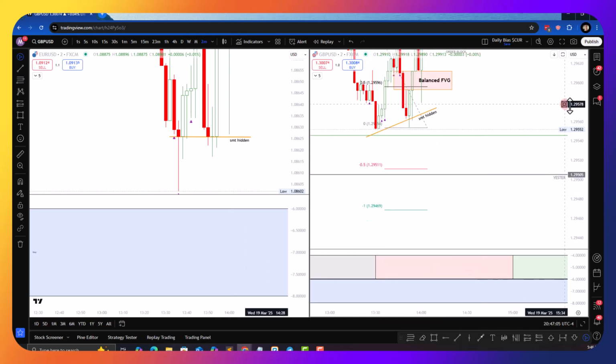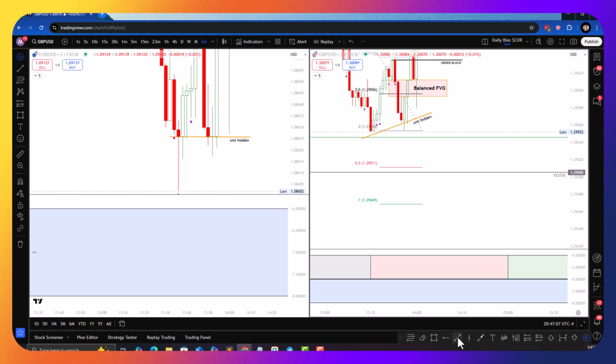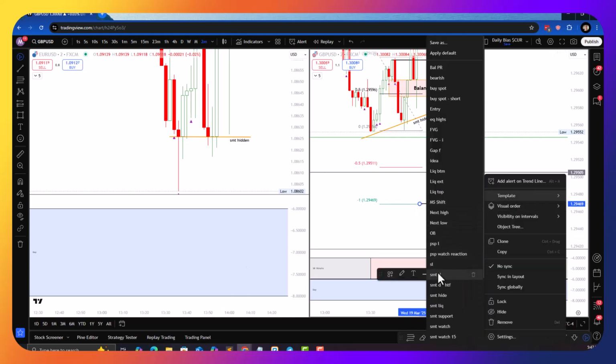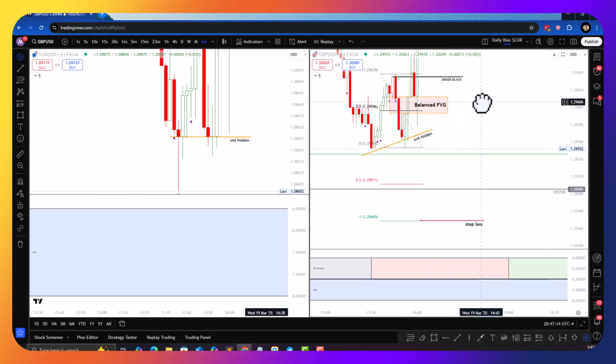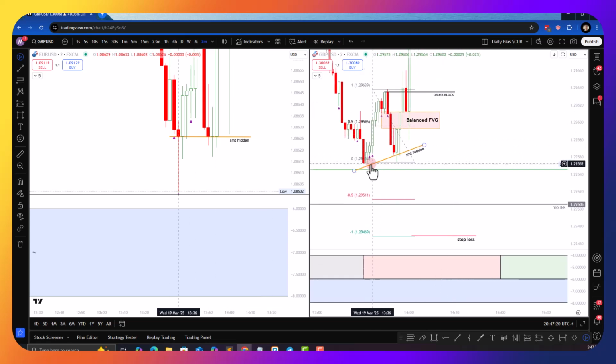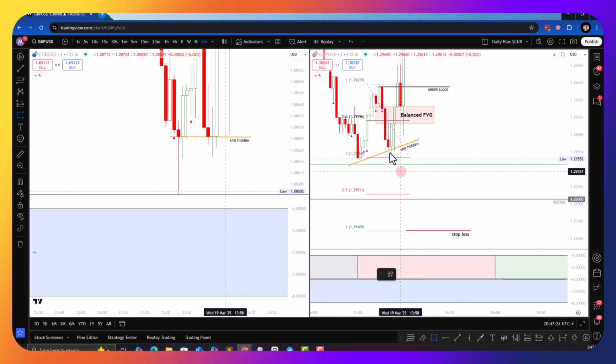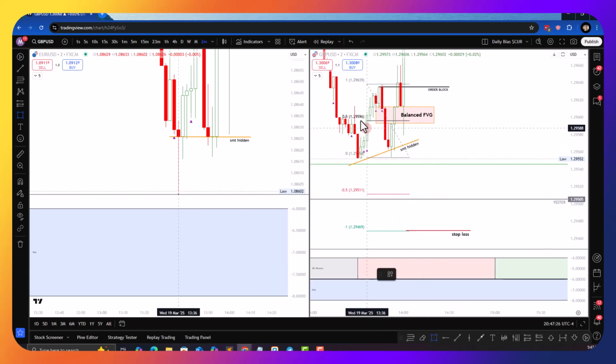We could say, okay, well, my stop loss is going to be 1-to-1. My stop loss is here. My entry is somewhere in this balanced FVG. Okay, we have multiple PSP candles that could be buyable. You could treat this right here as a bullish fair value gap and also a PSP candle.